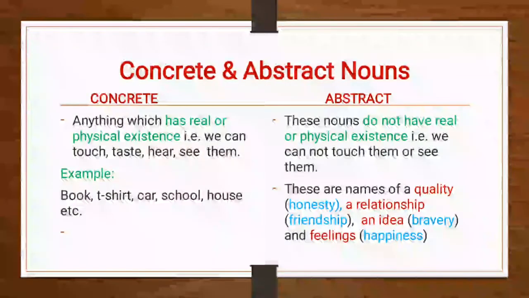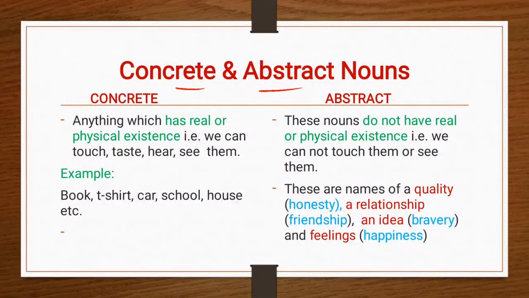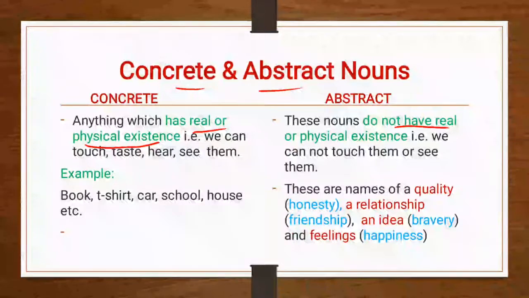We can divide our nouns into concrete and abstract depending upon their existence. Yes, the nouns which have real or physical existence are considered concrete, and the nouns which do not have real or physical existence are considered abstract nouns.